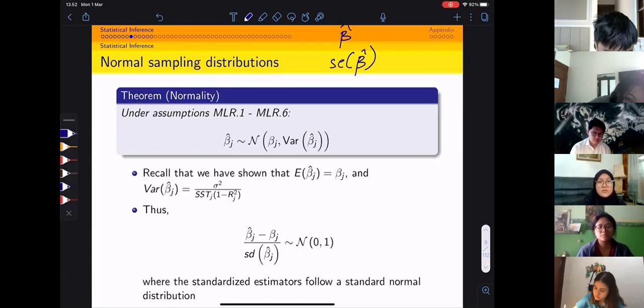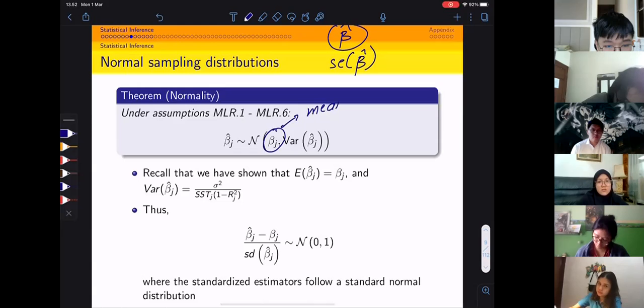Now, given the assumptions from 1, 2, 3, 4, 5, and 6, then we can say that the distribution of the beta hat is going to follow a normal distribution with a mean beta, this is the mean, and the variance of beta hat j.